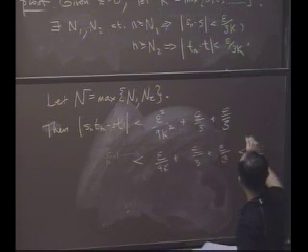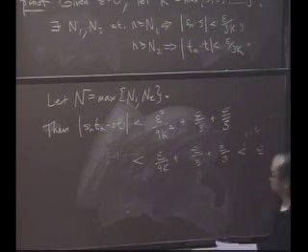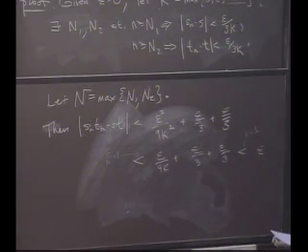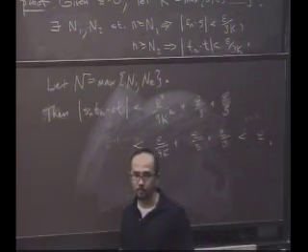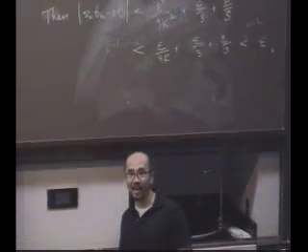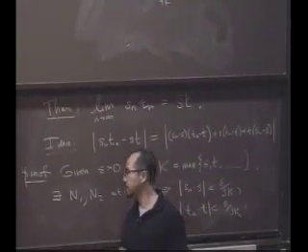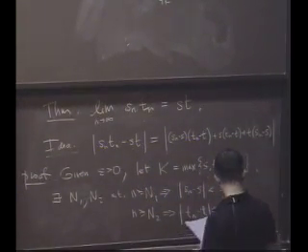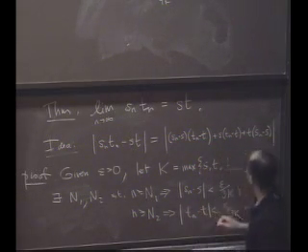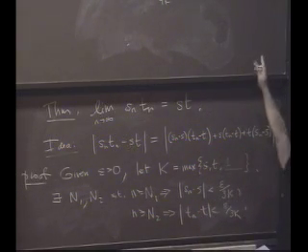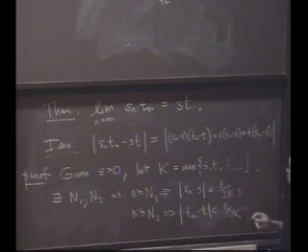Less than 1. Okay. But now how can I make sure those happen? I can modify my choice of k, right? k just had to be bigger than s and t. And now, if I just make it bigger than 1, it makes that inequality true.